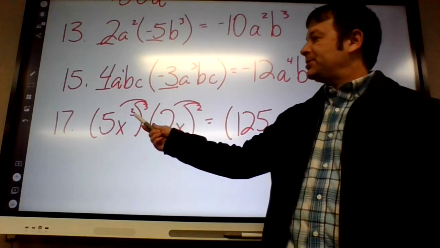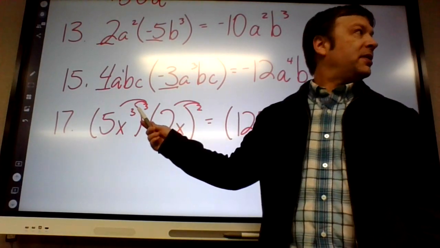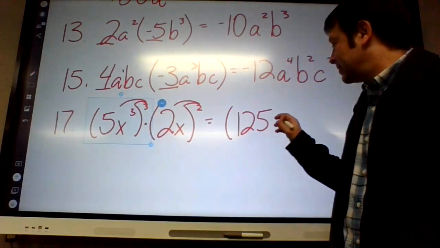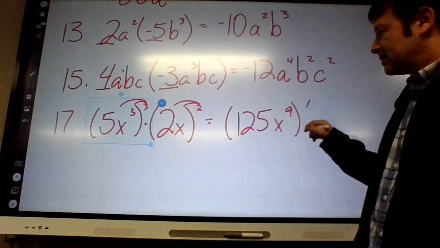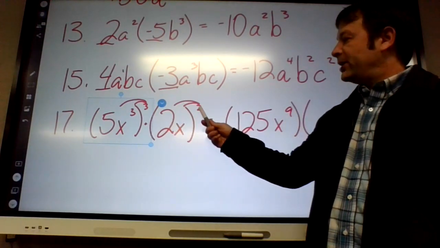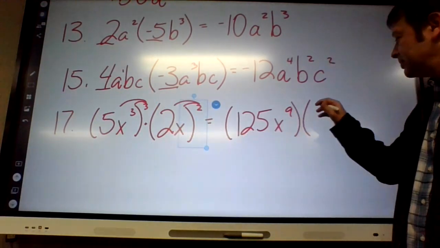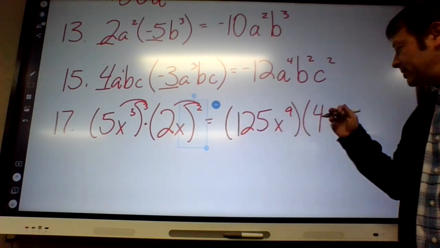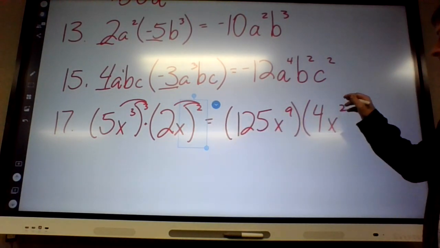And this will be x to the what? Are we adding or multiplying there? Multiplying. This is x to the 9th. Okay, 2 squared, 2 times 2 is 4. x squared, you can think of it as 1 times 2, which is x squared.